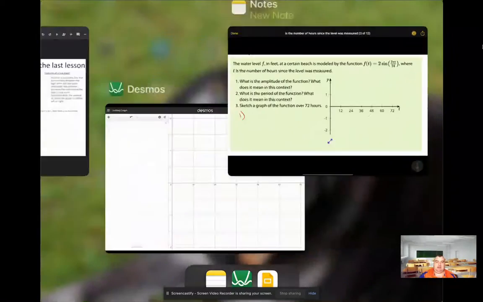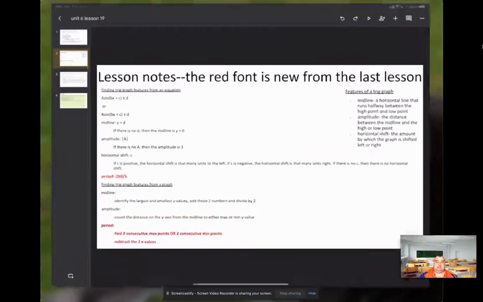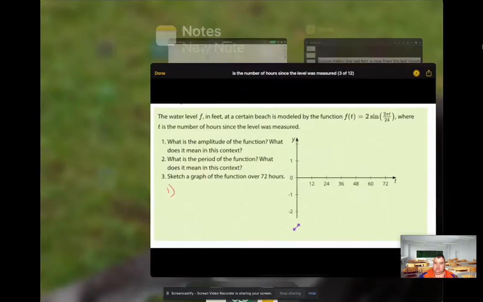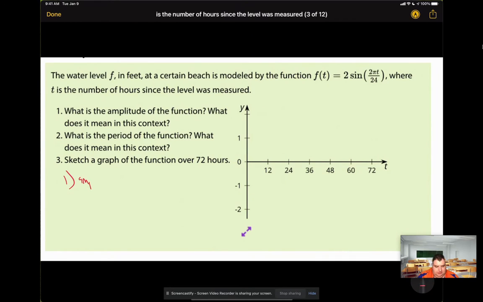So, let's go back and look at our lesson notes from our past lesson. Amplitude, remember, is the absolute value of the number that's in front of sine or cosine. In this case, amplitude is going to be the absolute value of 2, or 2.